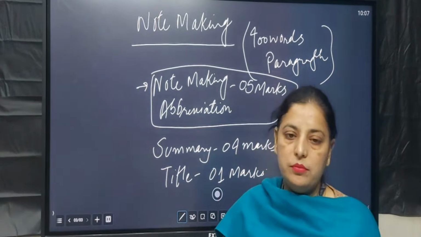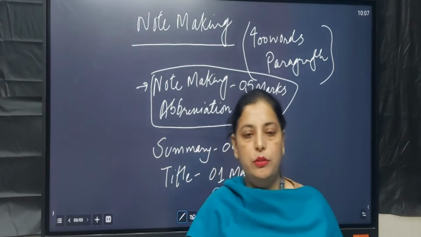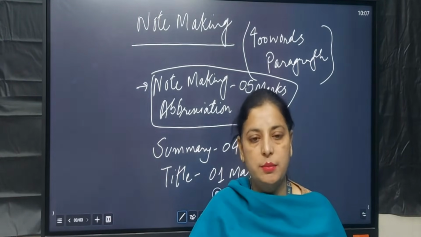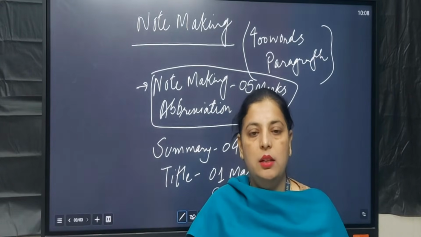So your 10 marks of note making are divided into 3 parts. One is note making, second is summarizing, and third is the title.